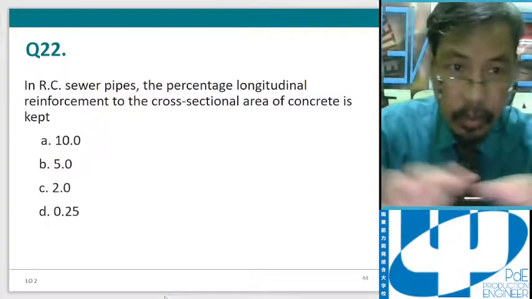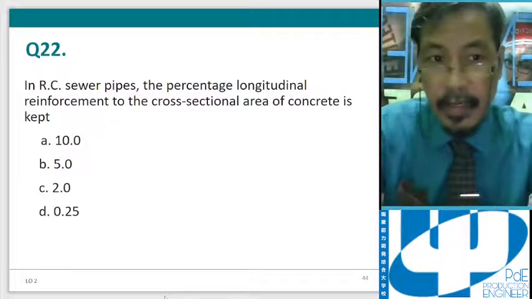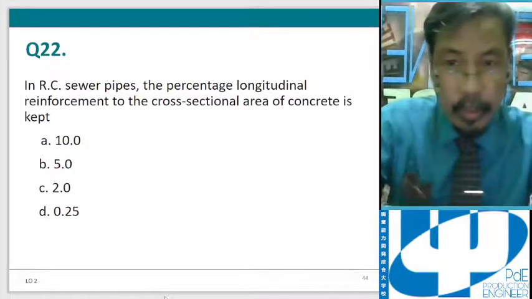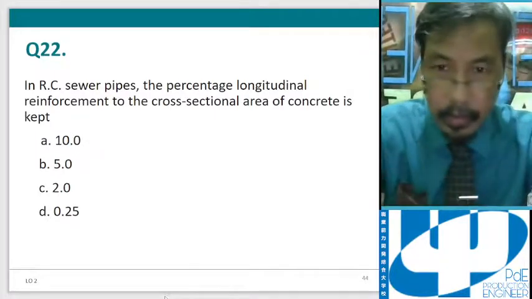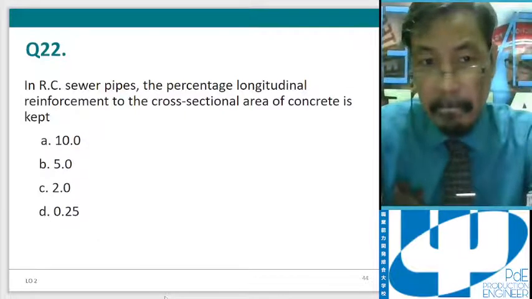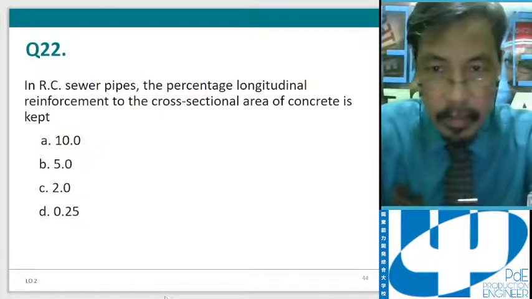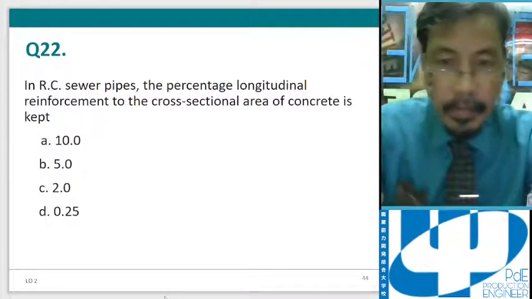Okay, is kept 0.25. Just 0.25. That's percentage. That is already enough.